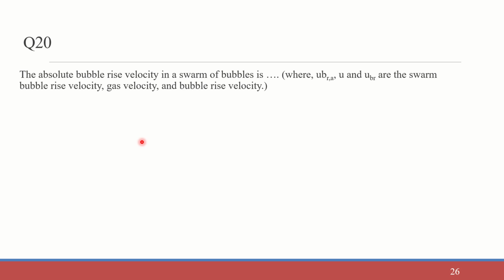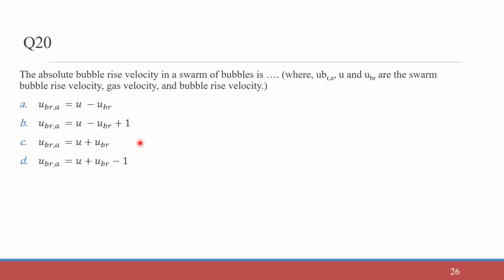So let us look at the options first. Option A, UBRA is equal to U minus UBR. Option B, UBRA is equal to U minus UBR plus 1. Option C, UBRA is equal to U plus UBR. Option D, UBRA is equal to U plus UBR minus 1. Actually, the equation comes in the form UBRA is equal to U naught minus UMF plus UBR.